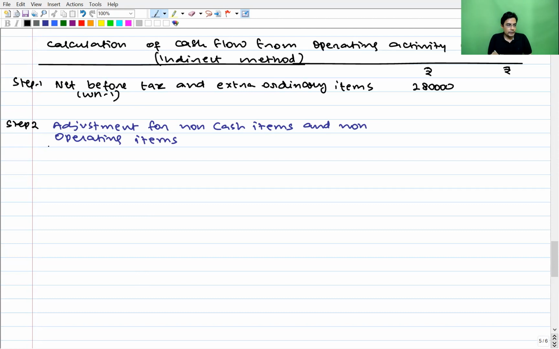First one, depreciation. Pretty simple. Total depreciation is 60,000.